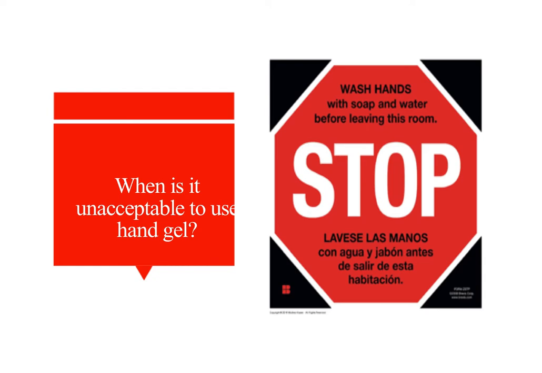So alcohol gel is not going to get rid of the spore. It's just going to roll around in it and stay on your hands, and it's not going to kill it. Okay? That spore, it's a survival. So what it does, it hardens and nothing can penetrate it, right? So the only thing that gets rid of C. diff is really just washing it down the sink with soap and water. Okay. So that's why they say you cannot use hand gel.